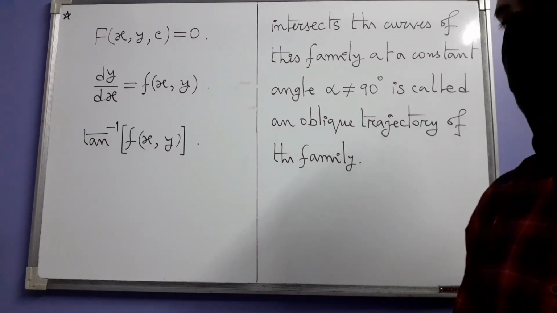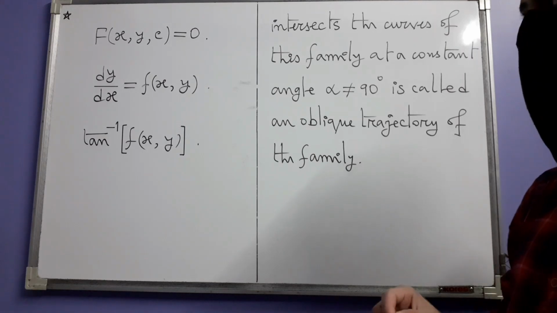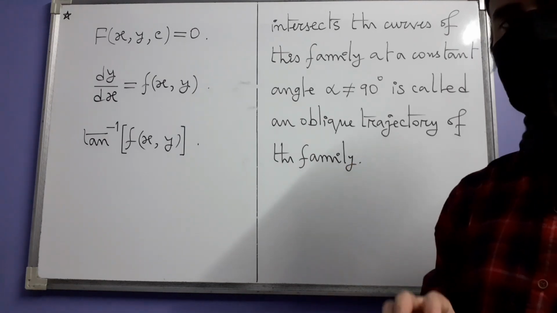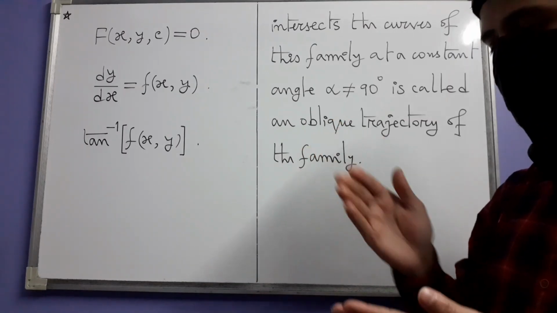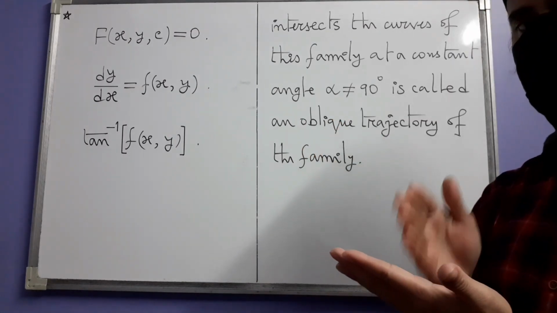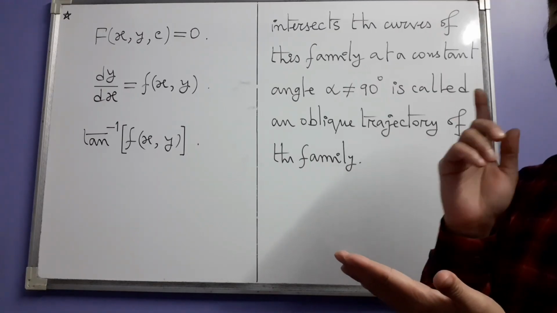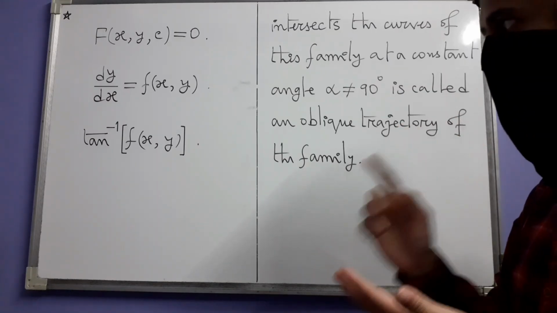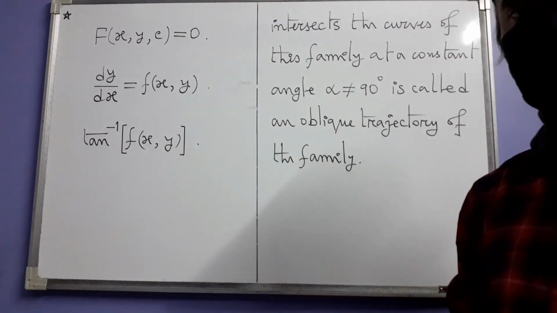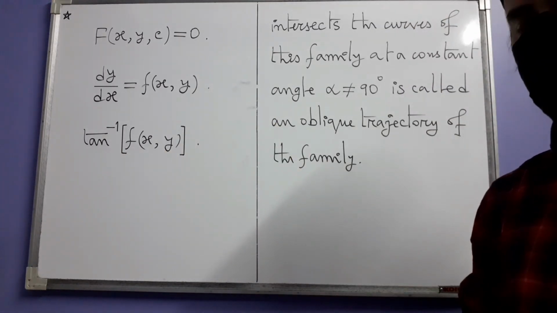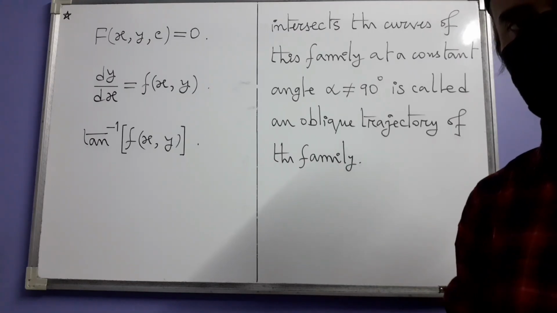This means that if you choose some specific member of this family and a point on that member, at that point if you calculate this f(x, y), then that will be the slope of that member at that point, or in other words the slope of the tangent to that member at that point. And so the angle of inclination of the tangent will be tan inverse of this slope, because if theta is the angle of inclination, then you know that slope equals tan theta. That's why.